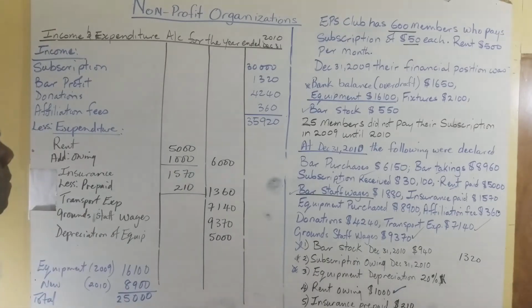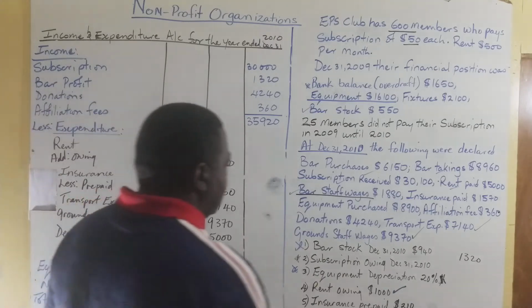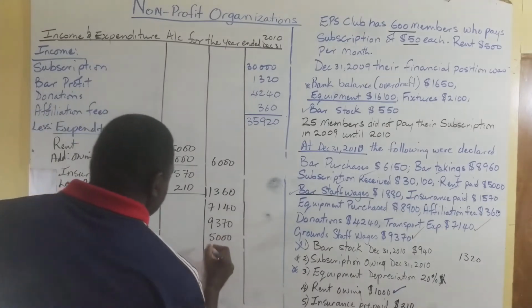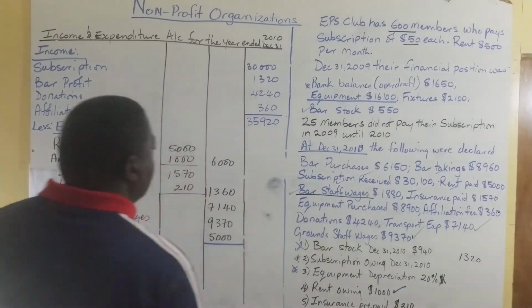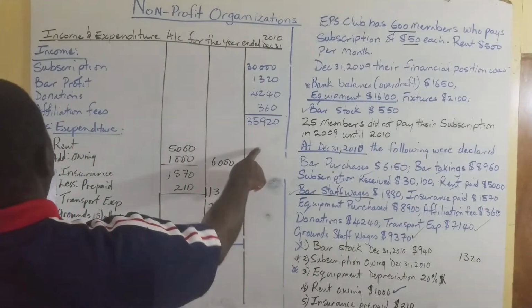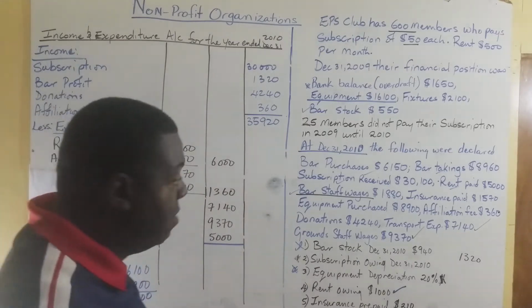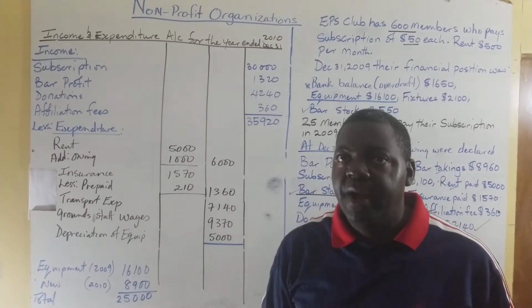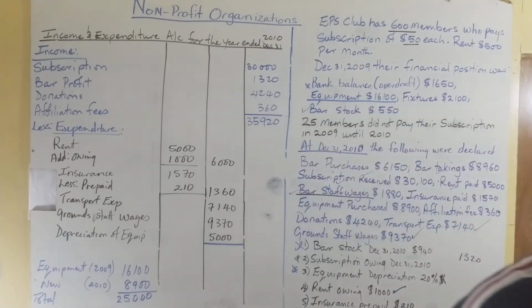All right. We would have now catered for all of the expenses as stated in this question. We must now do the total here and subtract it from our income to determine whether we're having a surplus or a deficit.